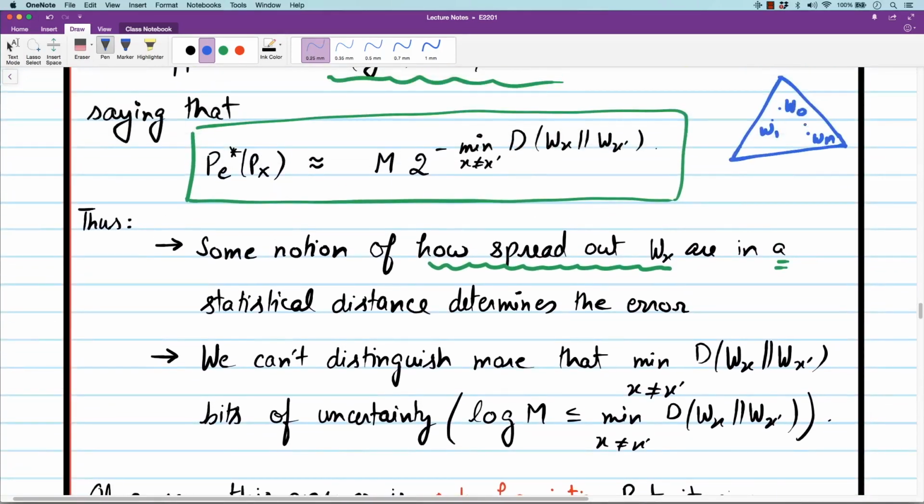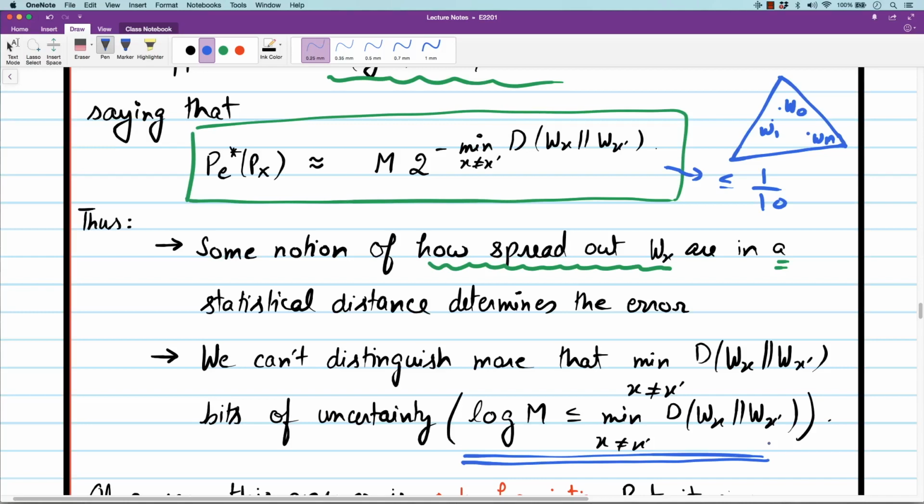And one more point which comes out is that we can't distinguish more than this min. In other words, if you want this probability of error to be small, let's say less than 1 by 10, some number I'm making up, then m, the number of hypotheses that you can handle, is at most, so you can take log of m, log of m is at most the min distance. This is the number of hypotheses you can handle.